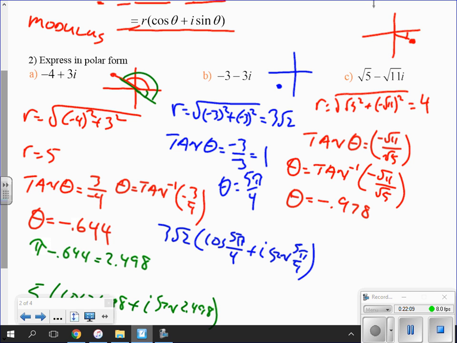So if you have a negative angle, that's an okay place. You want to convert it to a positive angle, you add 2 pi to that. So my angle is actually going to be 2 pi minus 0.978, which would give you 5.306.